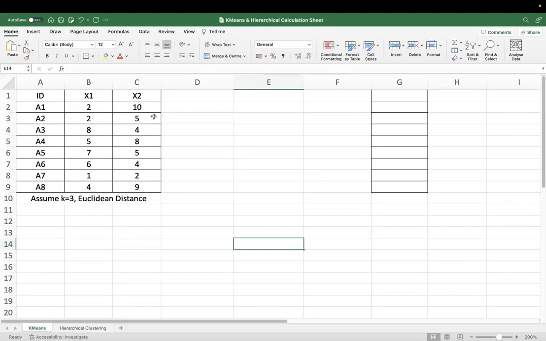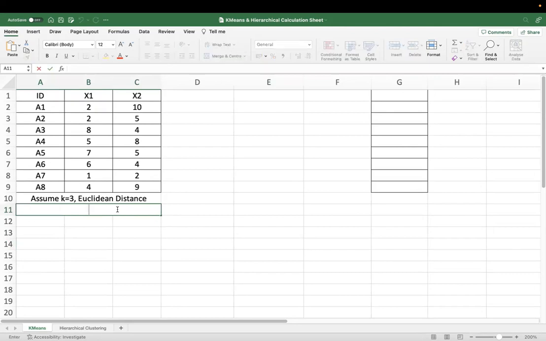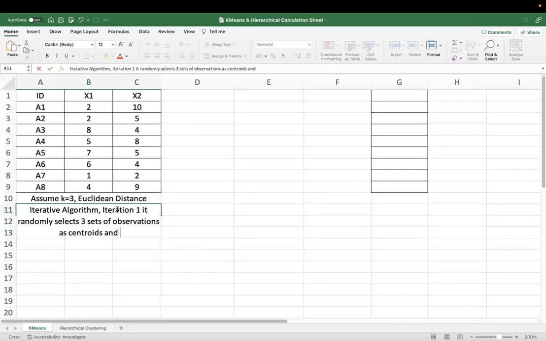In iteration 1, it randomly selects 3 observations as centroids for calculating distance.